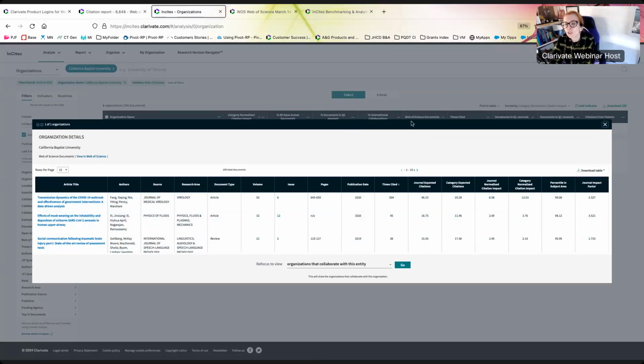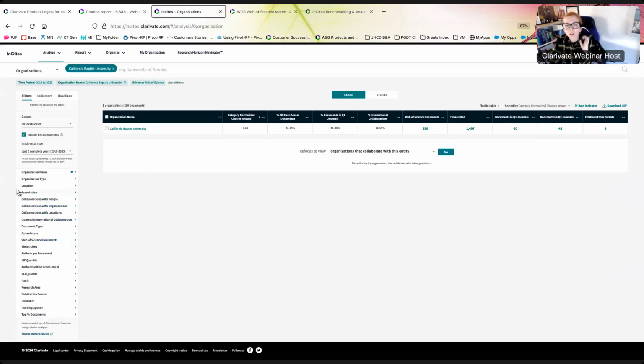Yes, the question is, are AAU indicators available? Yes, absolutely. AAU is obviously a grouping of colleges. So what you would do here, instead of university, is go into association.